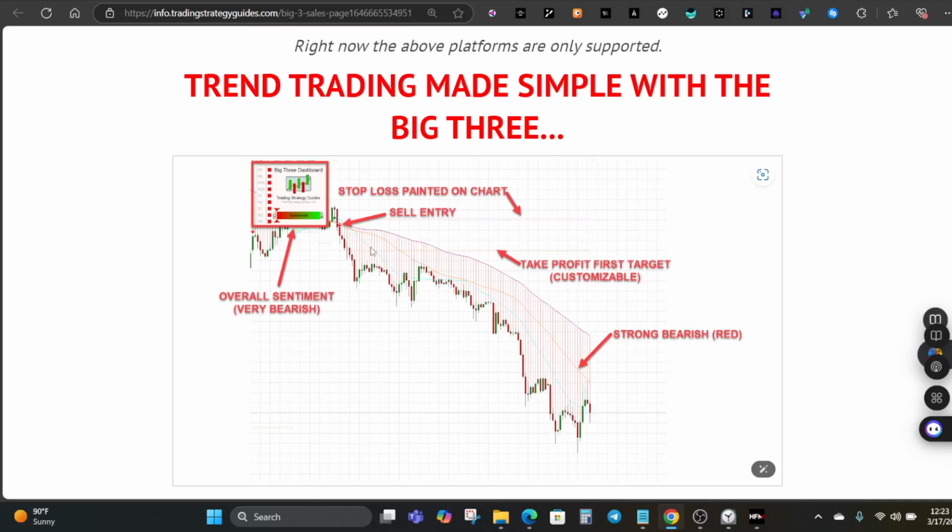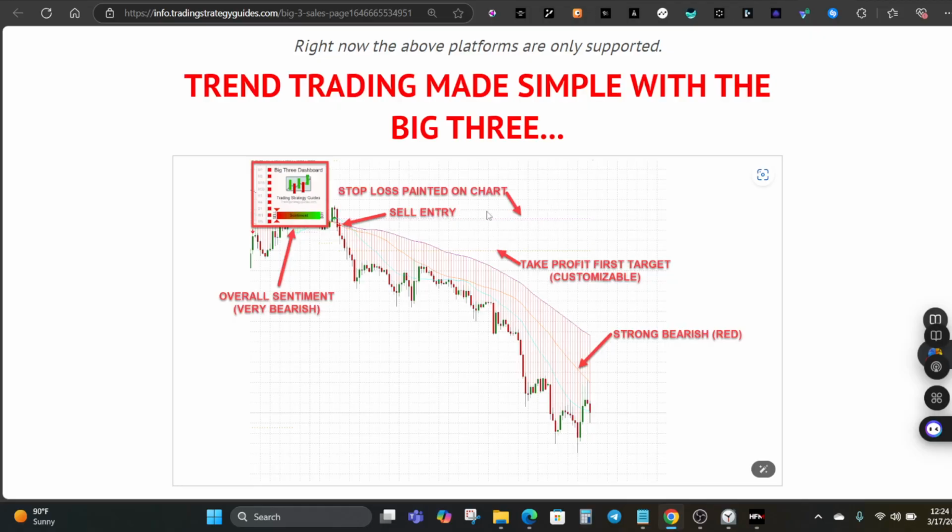Once those three conditions align, then you can make the step of entering a sell trade, and then you can set your stop loss at this area. The stop loss area is going to be identified by the indicator.